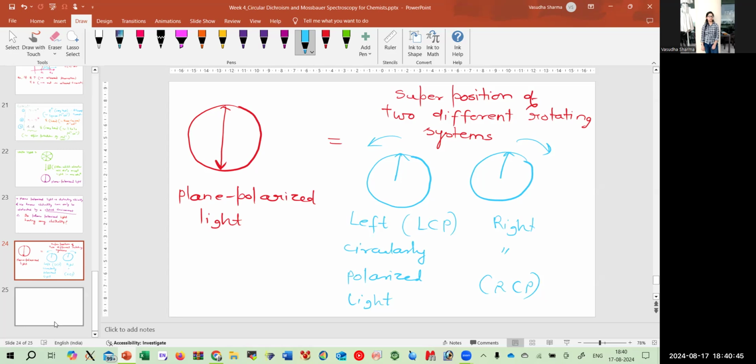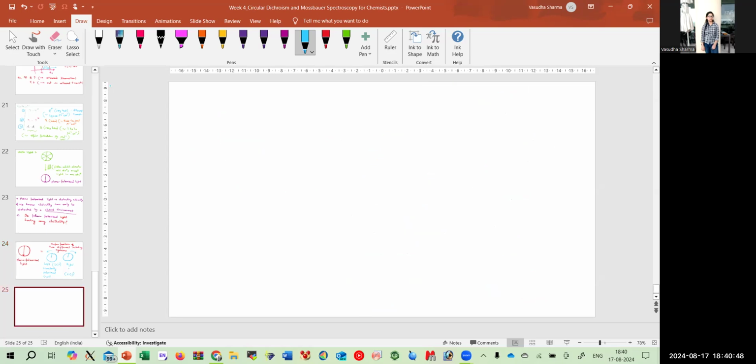So how it actually works, how it was looking like.